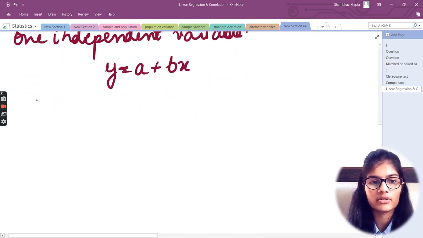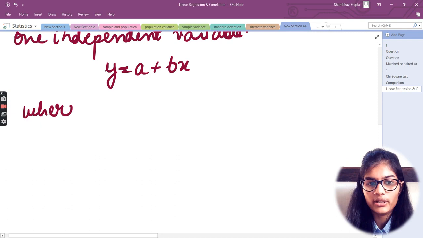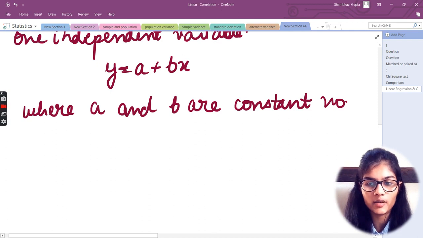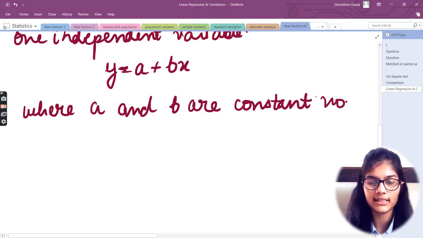So I could simply write here that a and b are constant numbers. Where a and b are the constant numbers which we have.